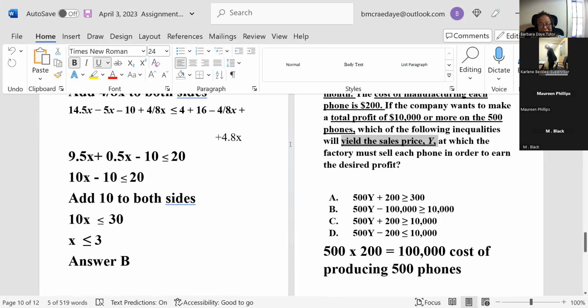And you want to make 10,000 or more. So you should be able to see your answer from here. I just told you, right? The total sales minus the cost gives you the profit. So based on that, Mercedes, what would be your answer?